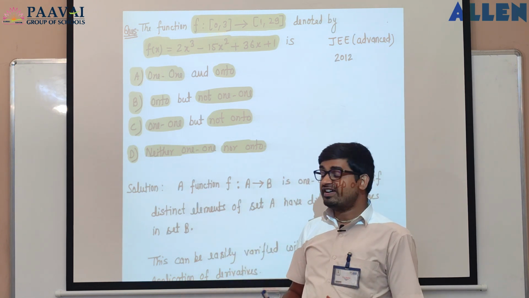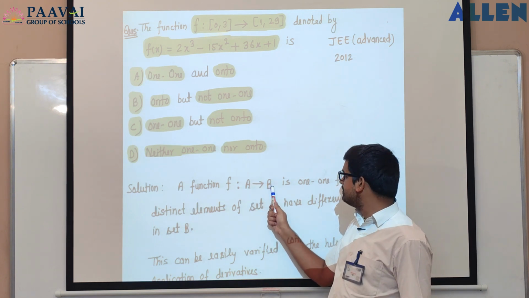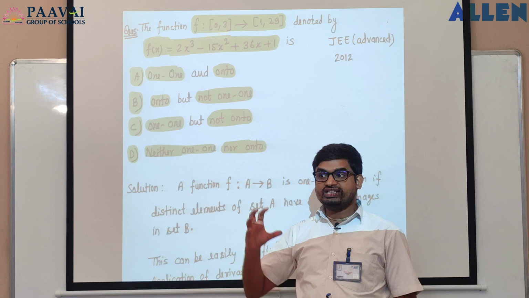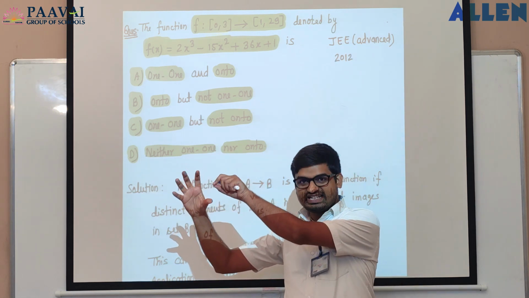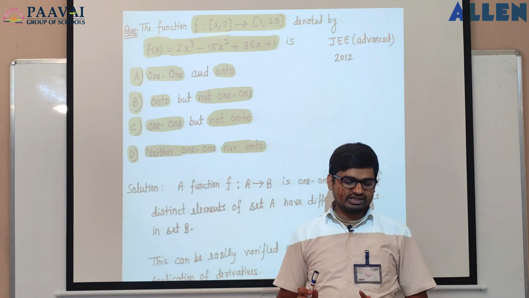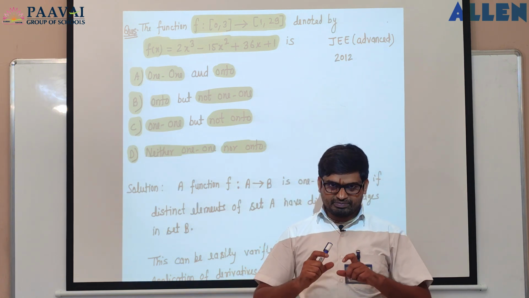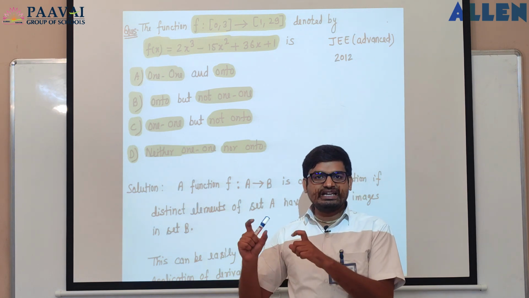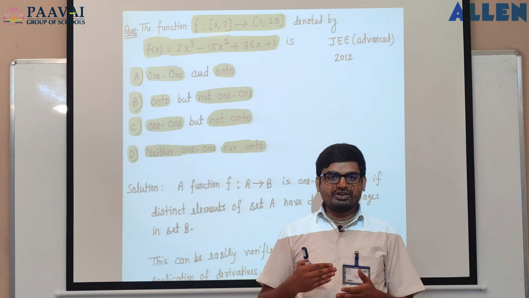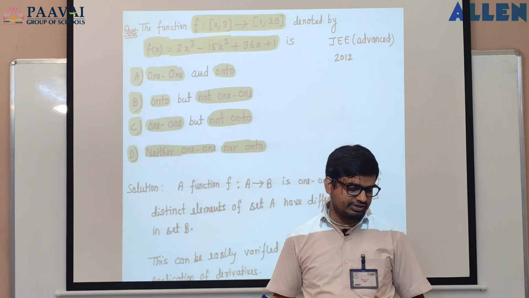We know a function f from set A to set B is a one-one function if distinct elements of set A have different images in set B, correct? To check this fact, we should take help of the application of derivative.